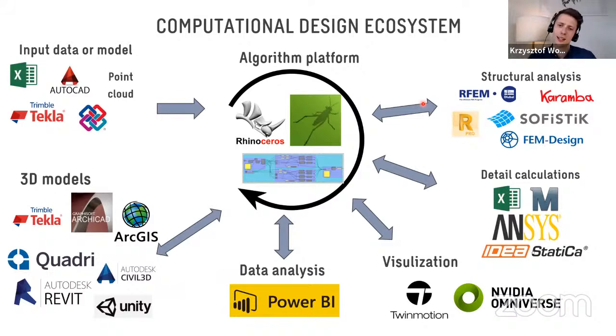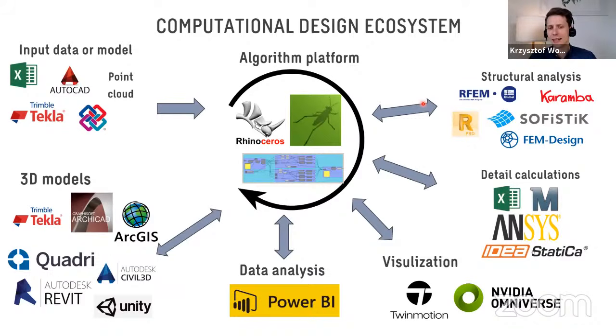Detail calculation, there's a connection to IDEA StatiCa, where you can send your connection between two columns or two beams and then make a calculation of that connection and send real results back to your algorithmic design. There's also a visualization connection with Twinmotion that I will show you today.